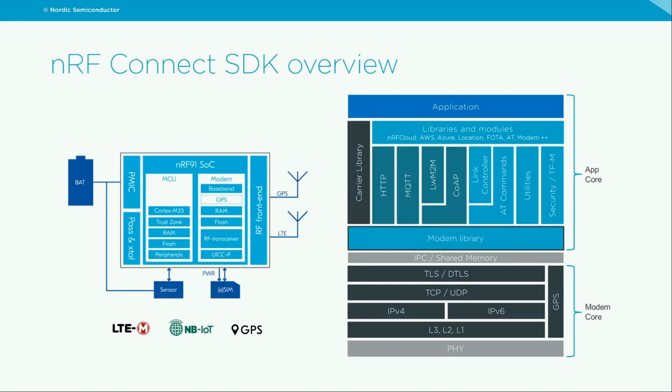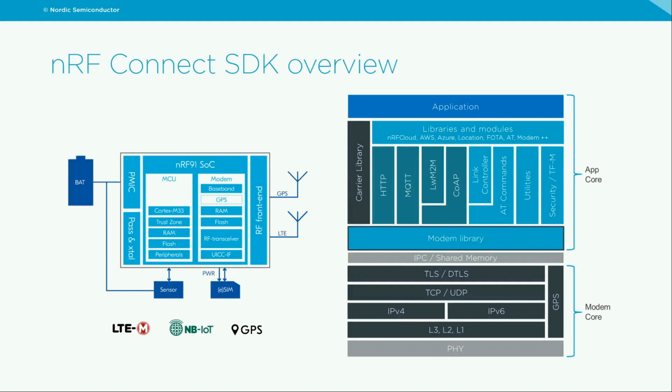Then we also have a bunch of ease of use utilities like the link controller, the AT command libraries, GPS drivers, this kind of thing. On the left-hand side, we have the carrier library, which is used in those scenarios where you have a mobile network operator with a device management platform. Those are using lightweight machine-to-machine and require some certification, so we have a closed source binary also for that.